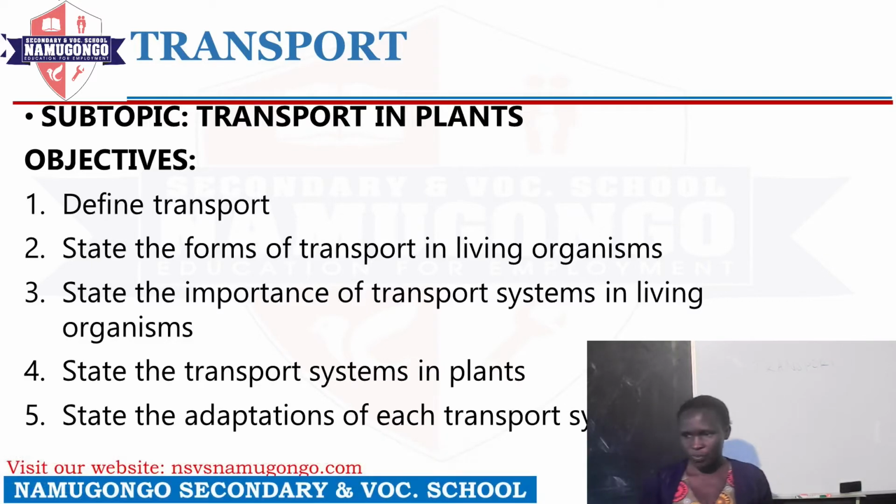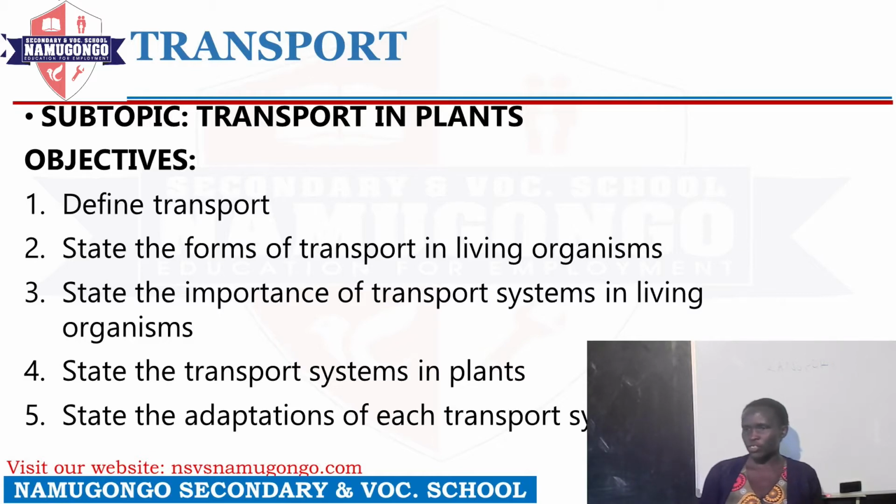word transport. Our second objective for today's lesson is to state the forms of transport in the different living organisms. Another objective that we have for today is to state the importance of transport systems in every living organism.